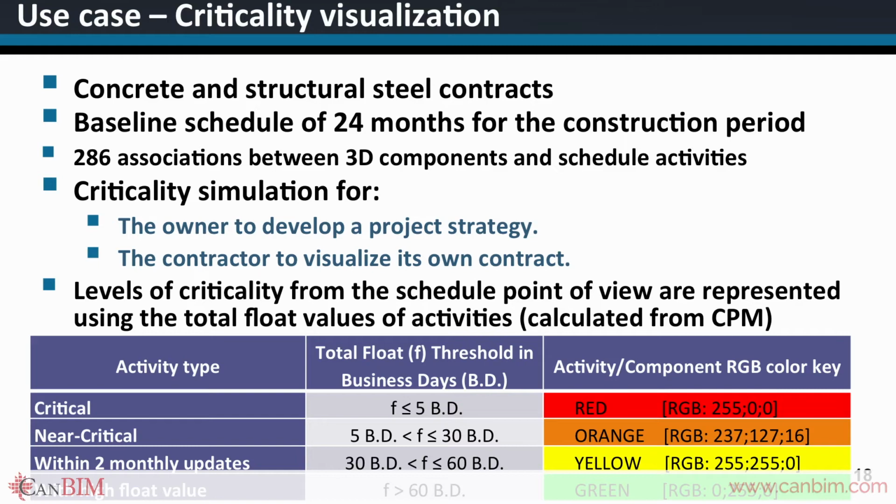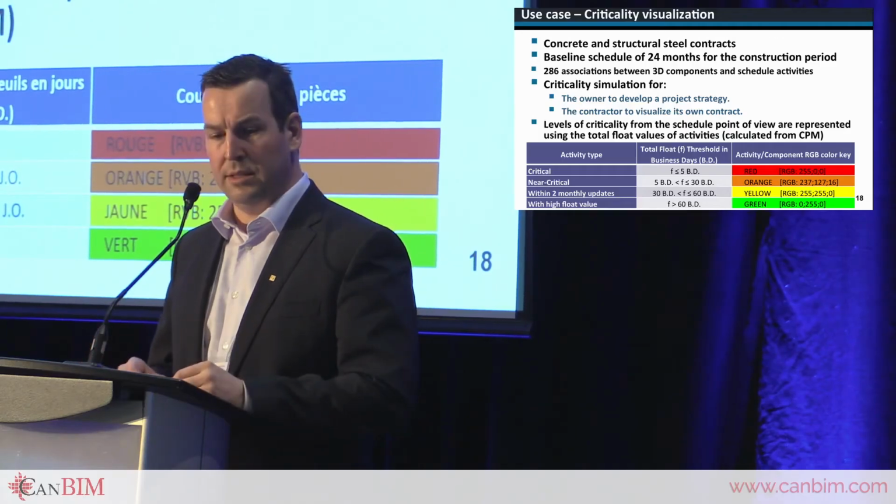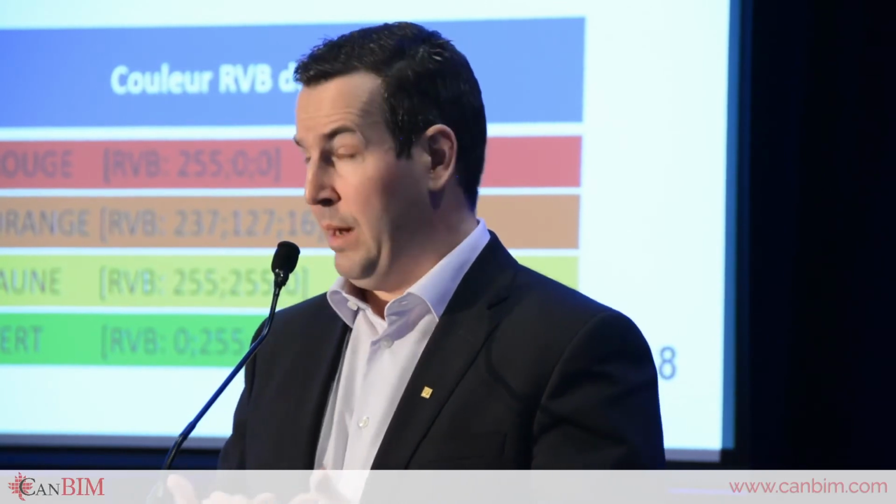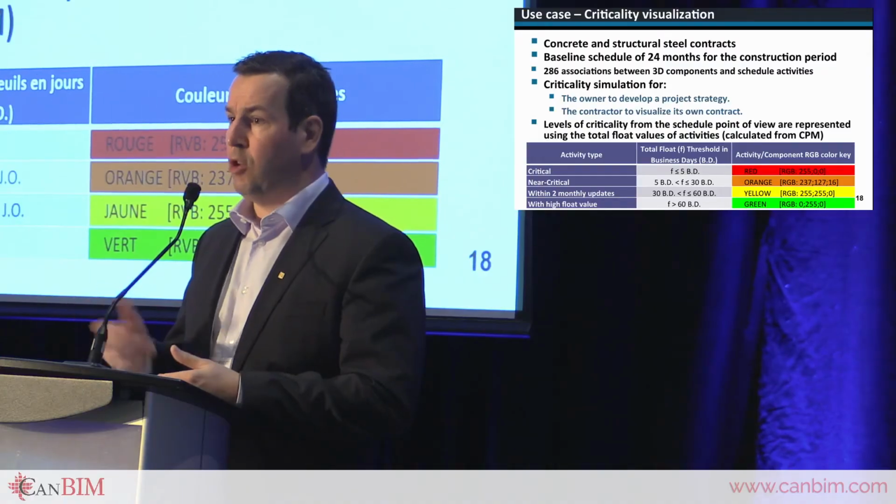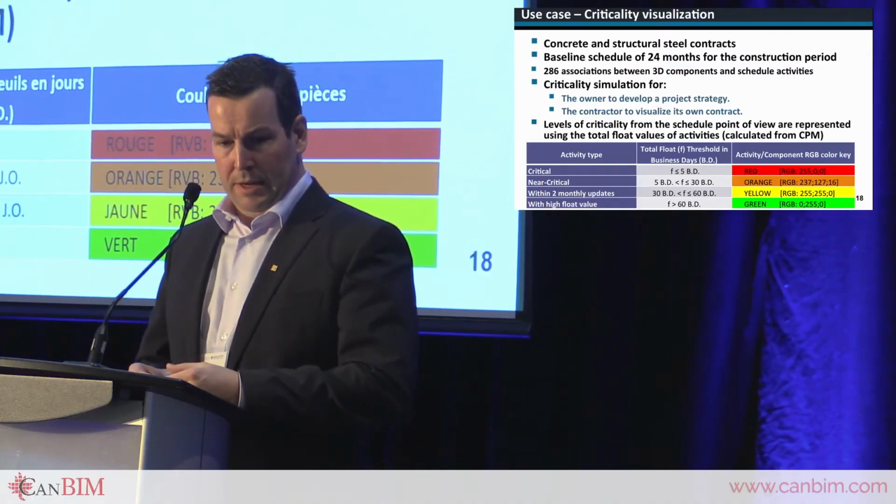We had about 286 associations between scheduling activities and 3D parts and components. So by doing this, the owner or client can develop a strategy for a project, and or a contractor can have a better understanding of the project.